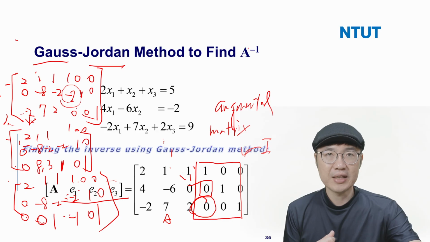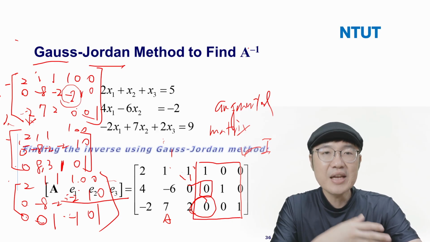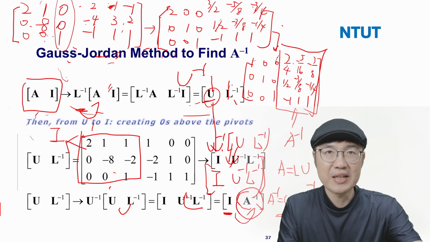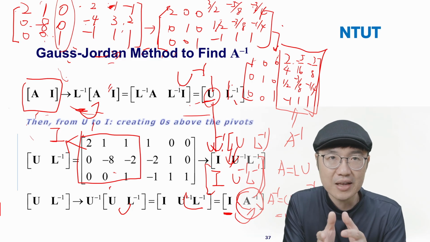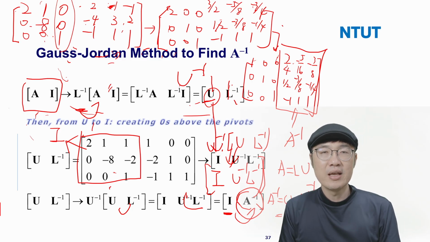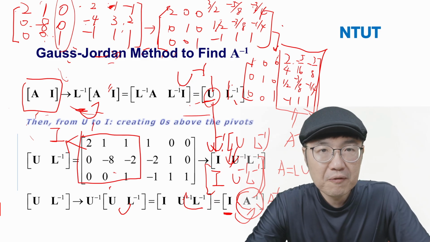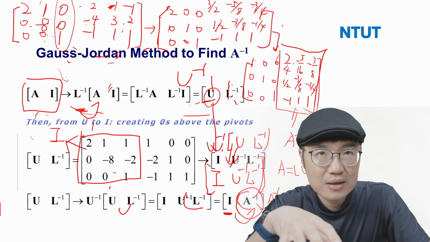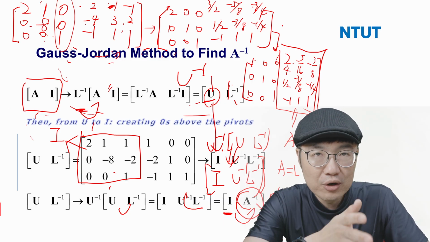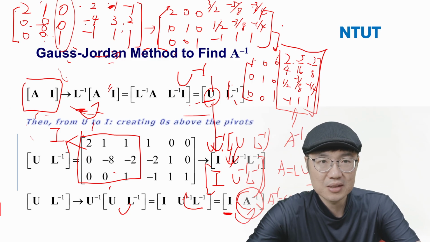The first half is to get an L inverse in the attached part, and the second half is to keep performing U inverse and get an I in the first part. In either part, once there are no more pivots, you can never generate an I in the second half or L inverse in the first half. This breaks down the Gauss-Jordan method.